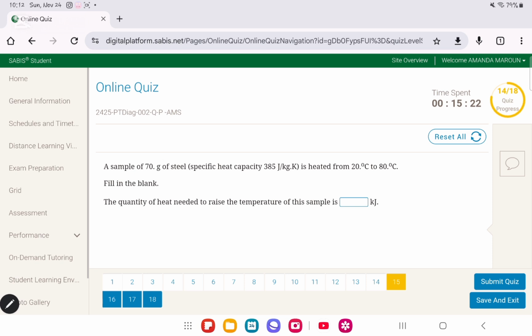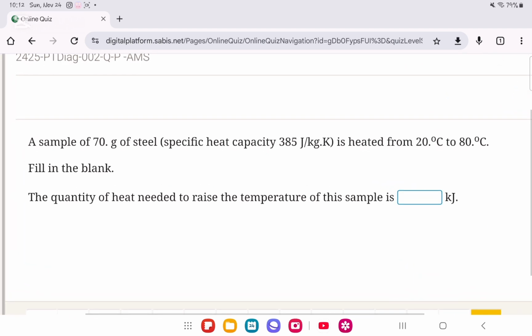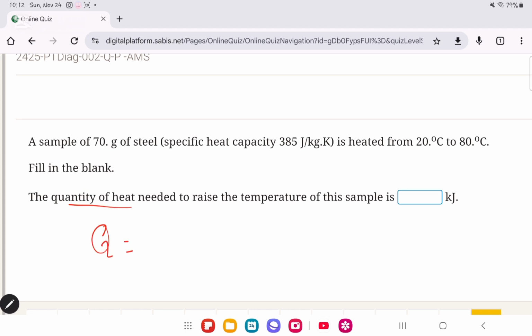Question number 15. A sample of 70 grams of steel, with specific heat capacity 385 joules per kg times Kelvin, is heated from 20 degrees Celsius to 80 degrees Celsius. The quantity of heat needed to raise the temperature of this sample. Quantity of heat, meaning Q, is equal to, we have the mass, but we have to change it to kilograms.